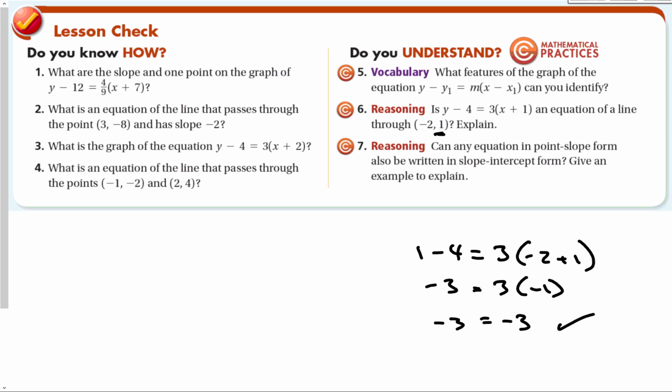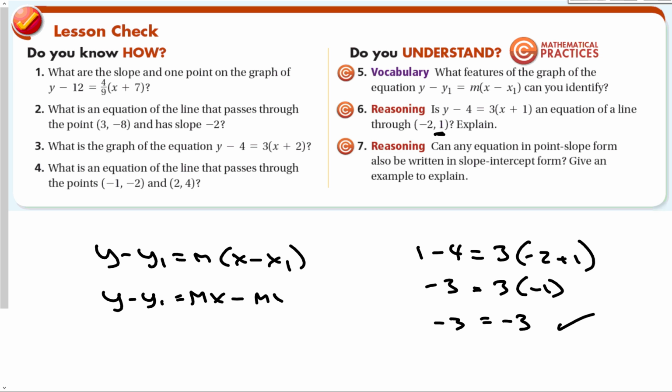Can any equation in point-slope form also be written in slope-intercept form? Yes, because y minus y1 is always equal to m times x minus x1, and I can always distribute no matter what. That's m times x minus m times x1, and I can add y1 to both sides.